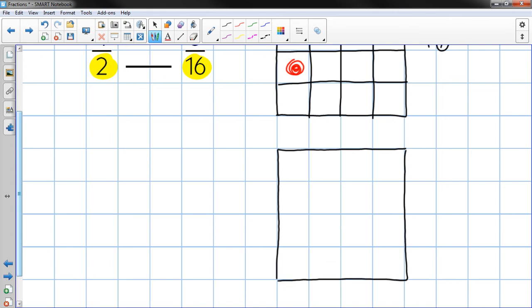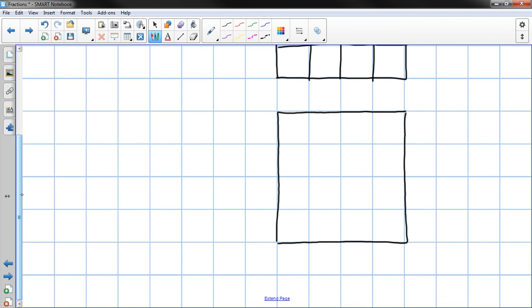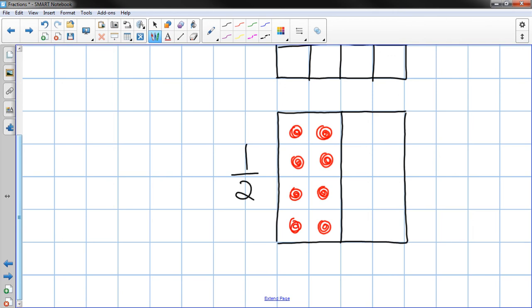This is going to be half. Write it over here. And I'd literally just cut it in half. One half is equal to 8/16.